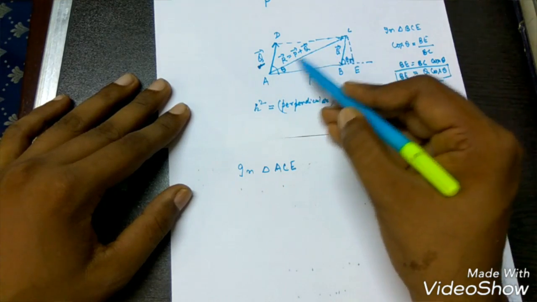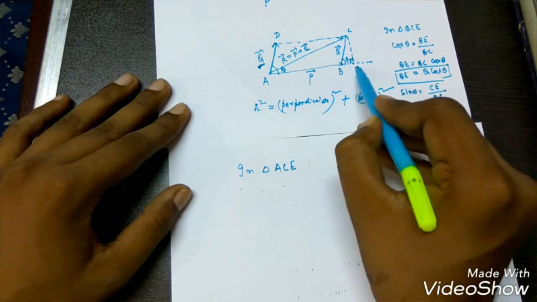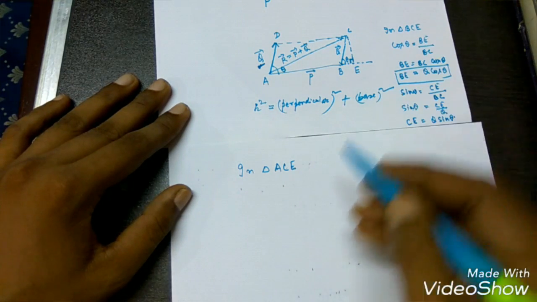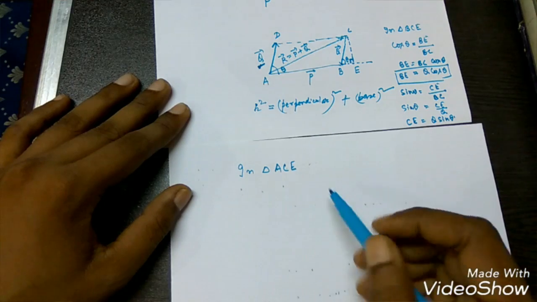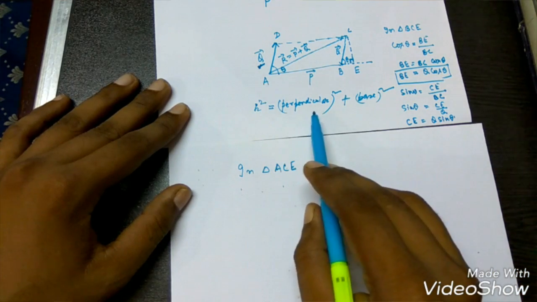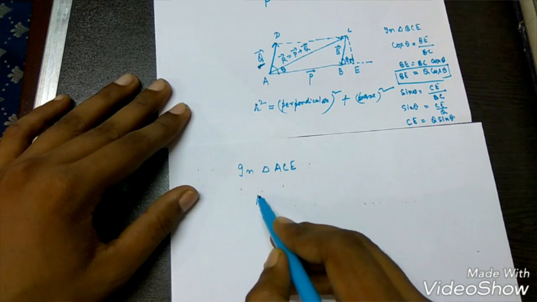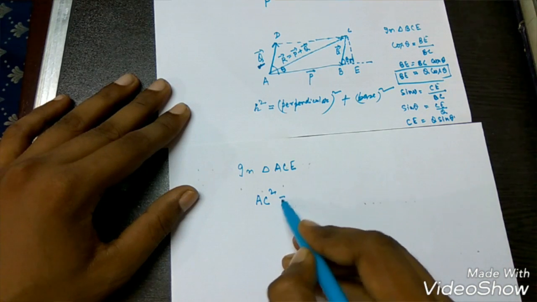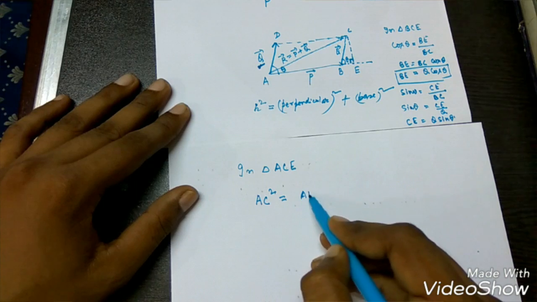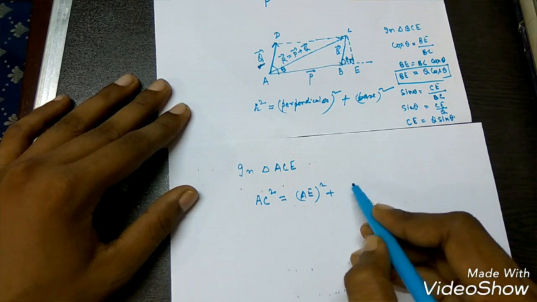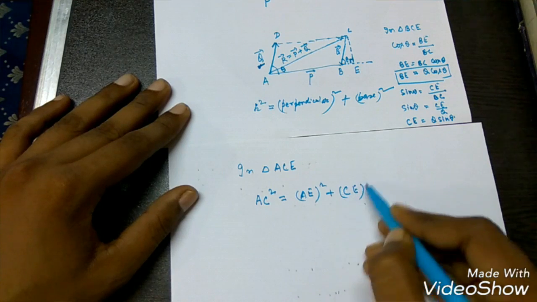This is the hypotenuse. What is AE? This is the base. And what is CE? This is the perpendicular. So here I am using the Pythagoras formula, that is h square is equal to perpendicular square plus base square. So it can be written like this: AC square is equal to AE square plus CE square.